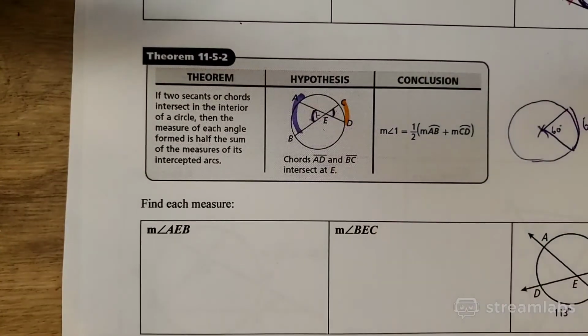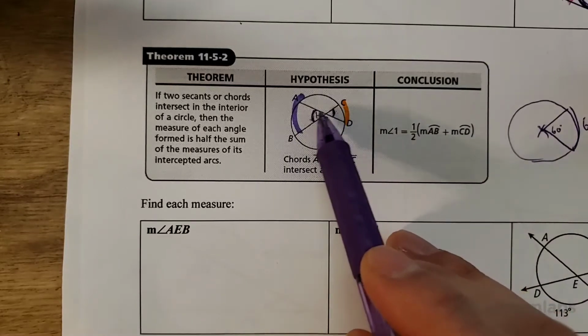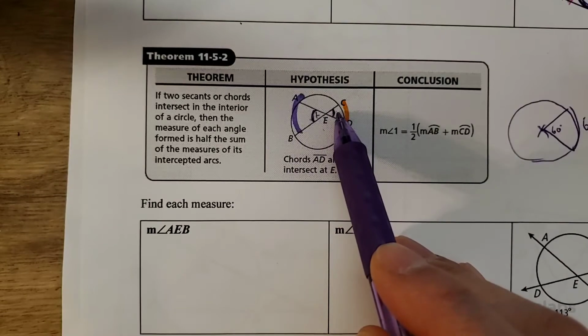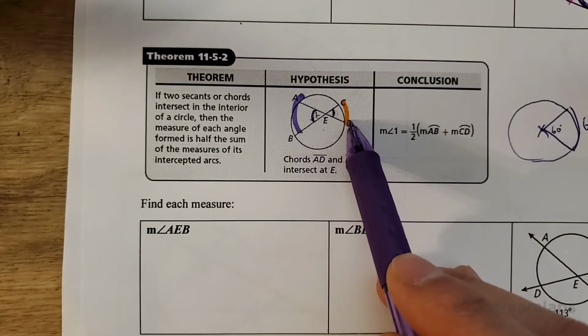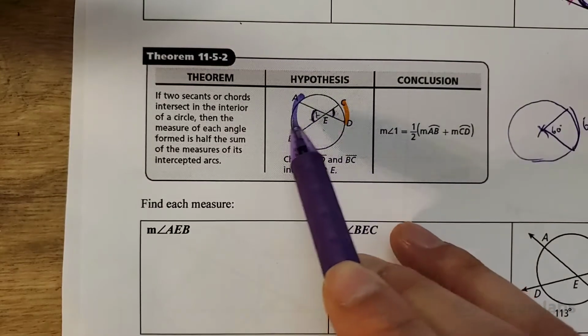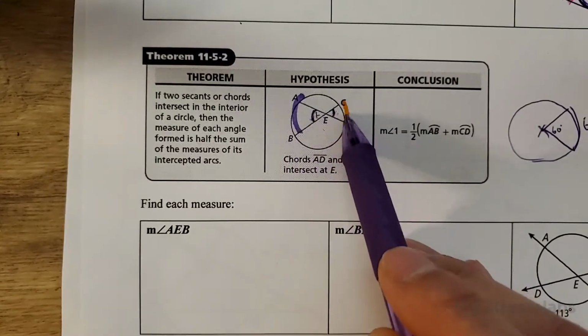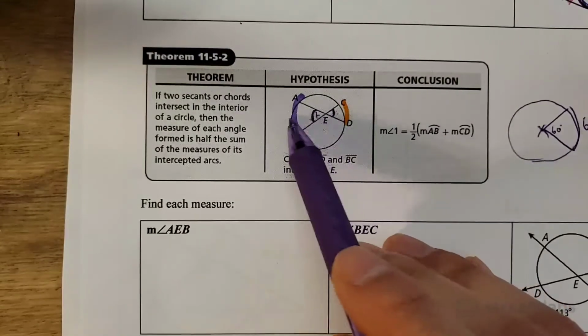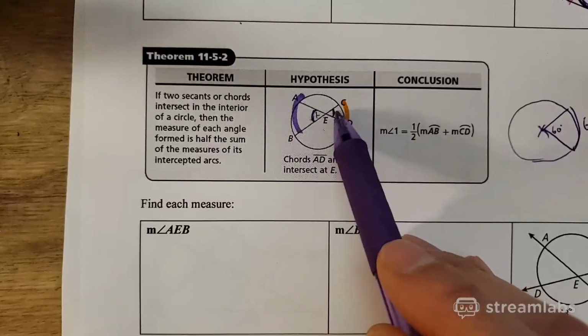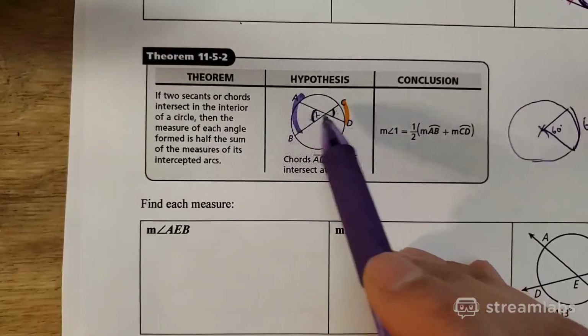What is important about vertical angles? They're congruent, right? Congruent, that means these two are the same, but these two are different. So fundamentally you can't just use the arc that's cutting, because these two arcs are different, but these two angles are the same.